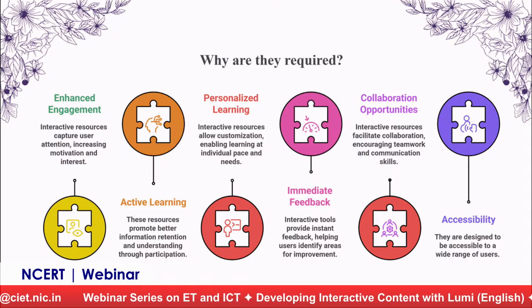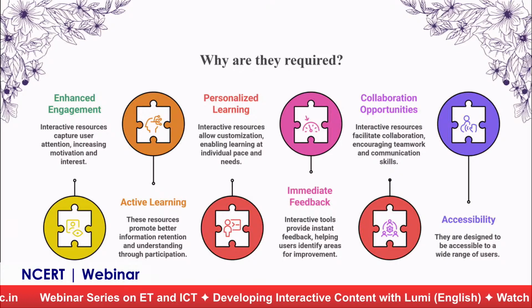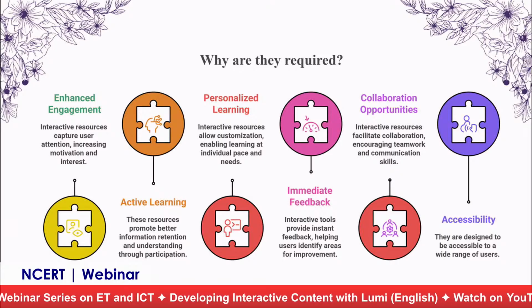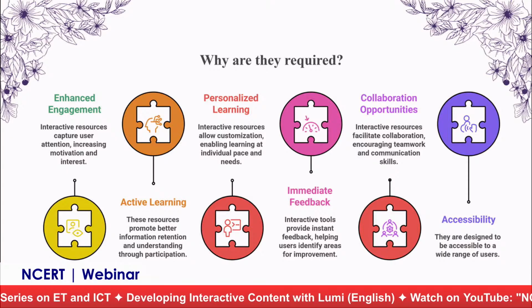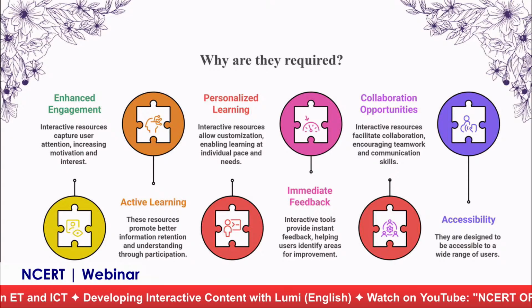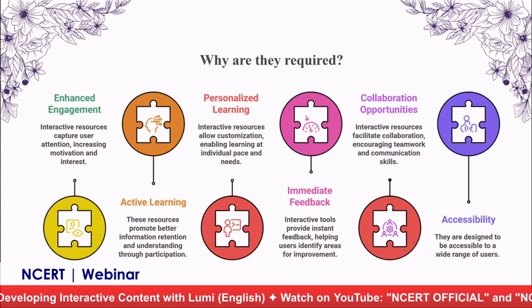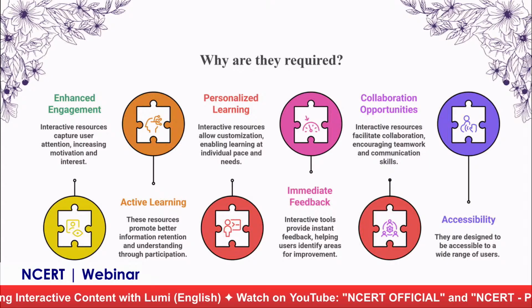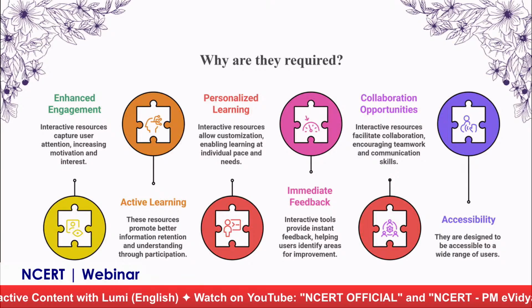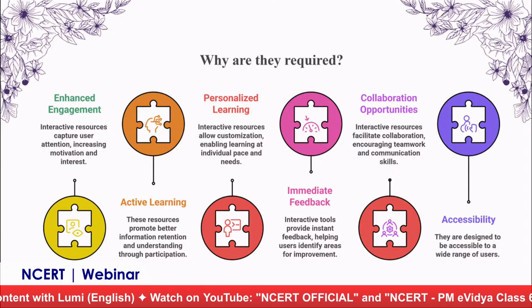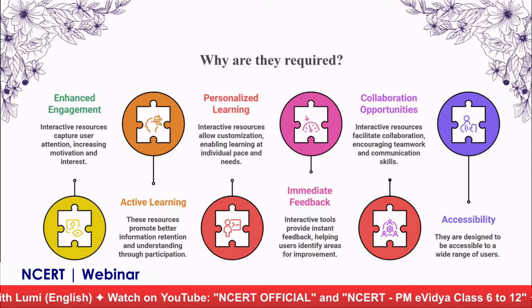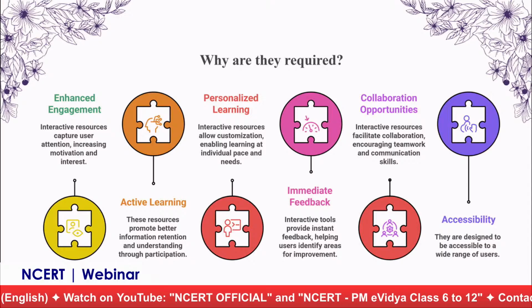Immediate feedback can be given during teaching, and accessibility can be achieved irrespective of the type of learner, and that is possible through interactive content. So interactive content is especially required for enhanced engagement, personalized learning, collaboration opportunities, active learning, immediate feedback and accessibility.